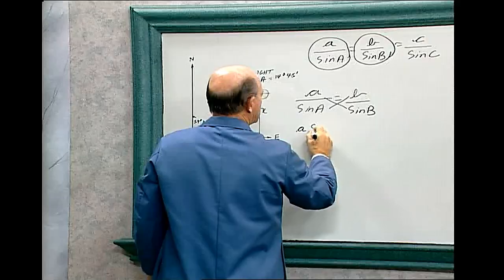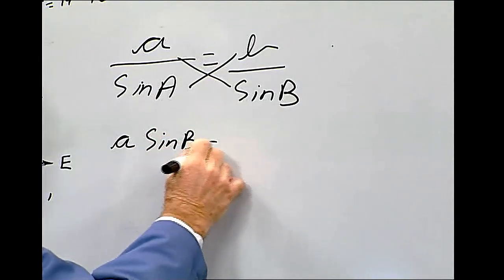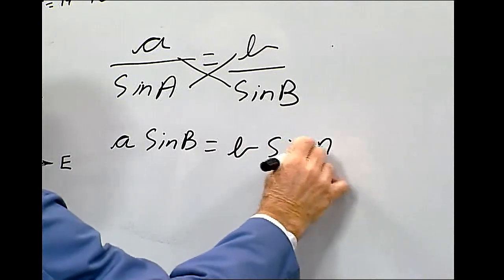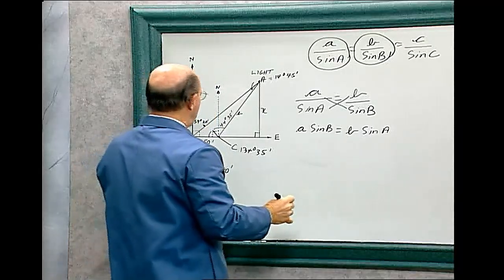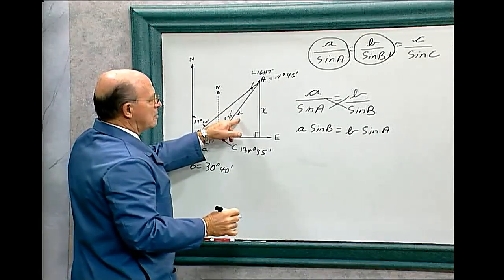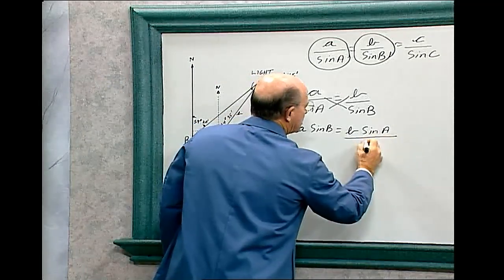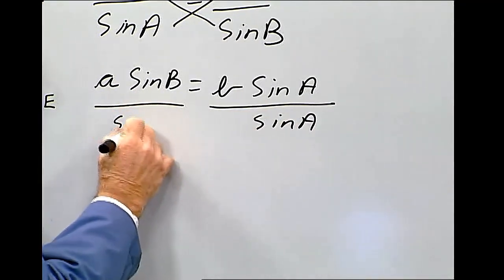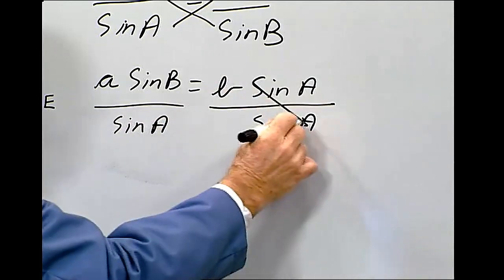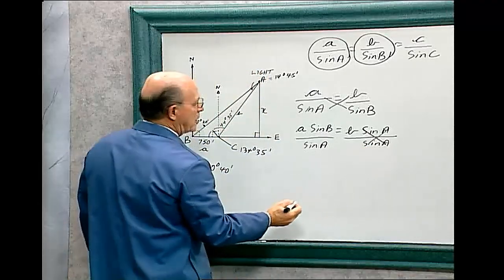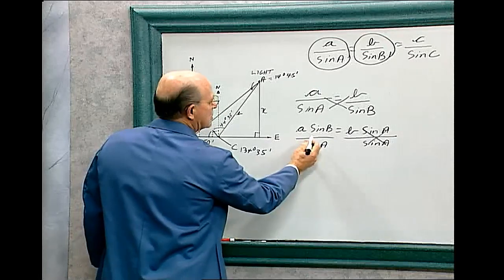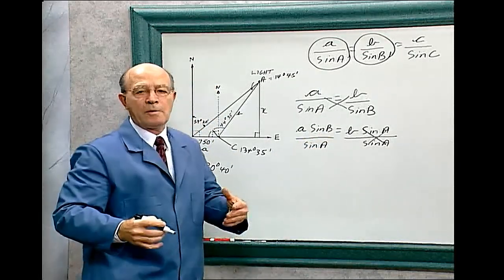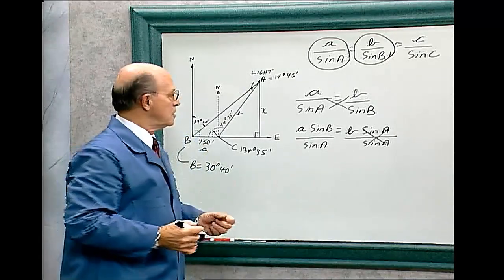So A times sine B equals B times sine A. Now we want to isolate the B, so we divide each side by sine A, this cancels out. So now we have the formula B equals A times sine B divided by sine A. Now all we have to do is plug in our numbers.